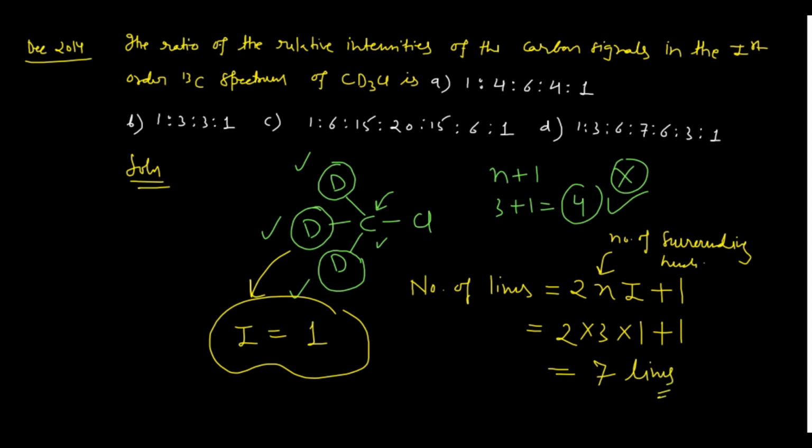So when you have the 7 lines, you can immediately discard option A, because it has 1, 2, 3, 4, 5 lines. And option B you can discard because it has 1, 2, 3, 4 lines. So out of option C and option D, one would be the correct option. But please remember, to solve this question, you should have an idea about Pascal's triangle.